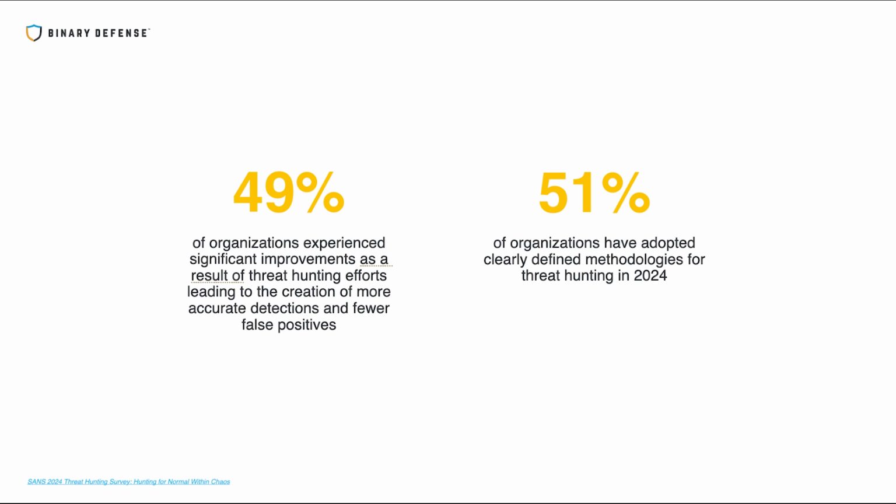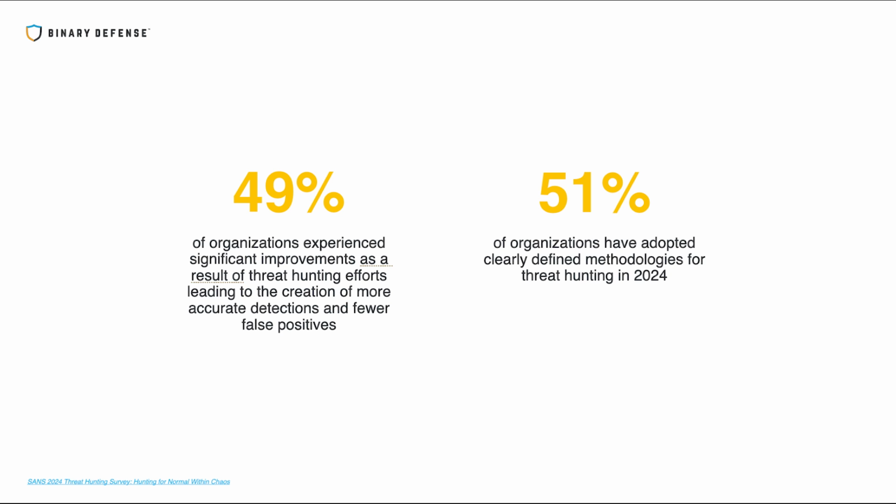So before we get started, let's just look at some stats to kick us off. When we were pulling together these stats, we found these two, which were incredible. 49% of organizations experience significant improvements as a result of threat hunting efforts, leading to the creation of more accurate detections and fewer false positives.